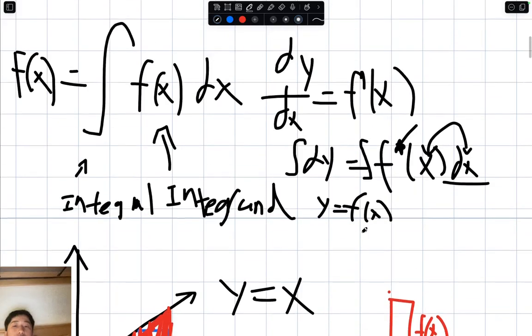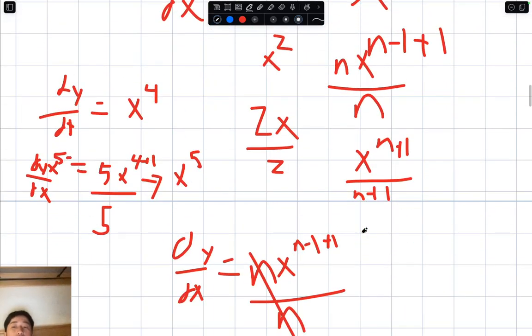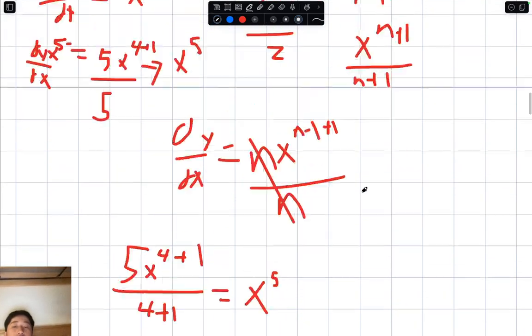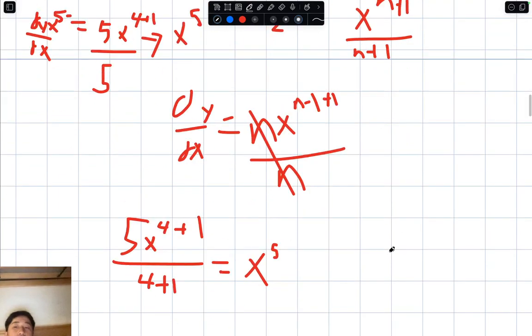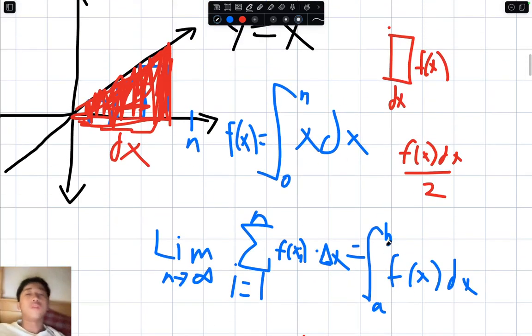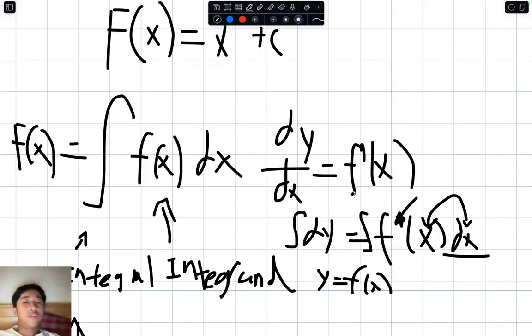Basically, yes, over here. x to the n plus 1 over n plus 1 is the power rule's antiderivative. The antiderivative of the power rule.